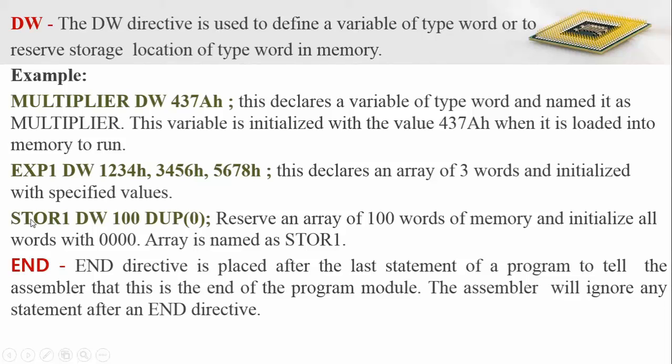Okay, next is about STOR1. Just a user defined name. Again DW 100 DUP, in parenthesis it is 0. What's the meaning?